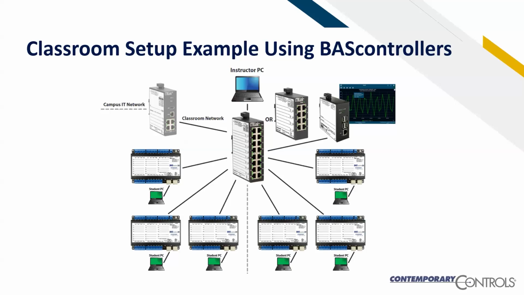They can configure the devices. All these are connected together using an Ethernet switch. This gives the instructor the ability to access each and every controller and help the students with any application or configuration they need, and check their work.